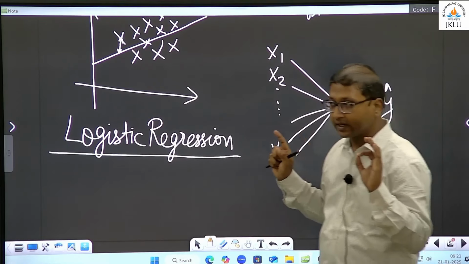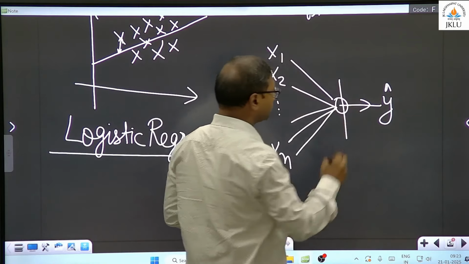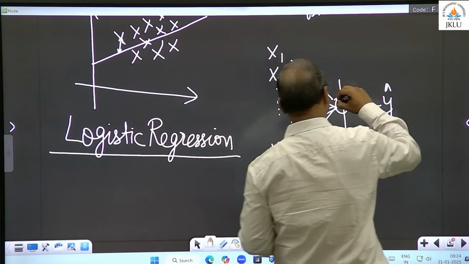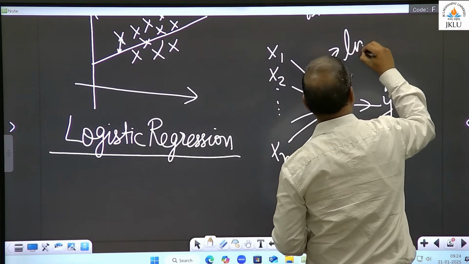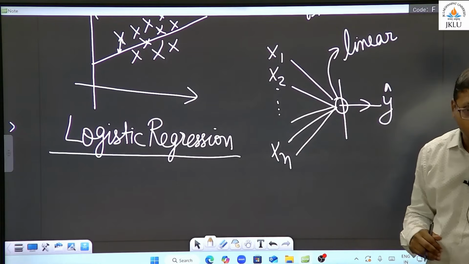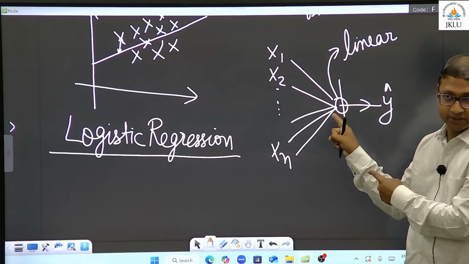In logistic regression, your neuron has two computation parts. First one, it is linear, and from now on in this course, whenever I mention neuron, I mean this.